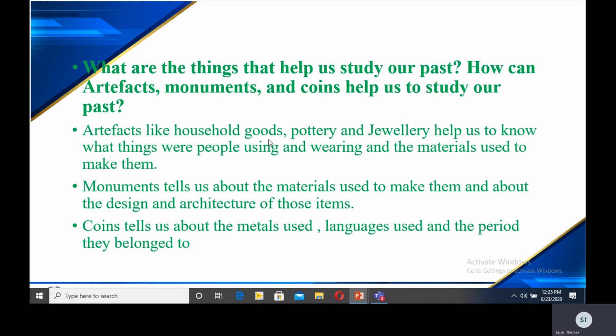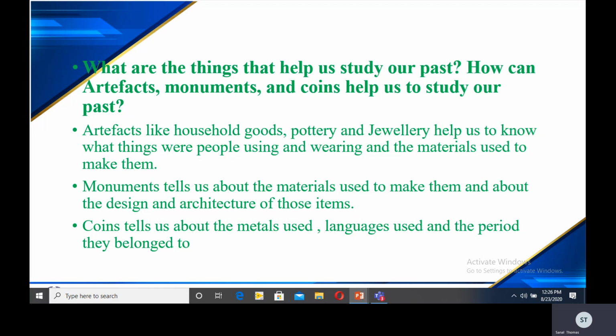So the artifacts like household goods, pottery and jewelry, they help us to know what things people were using and wearing and the material used to make them. So this is the information we are getting from artifacts. What about monuments?